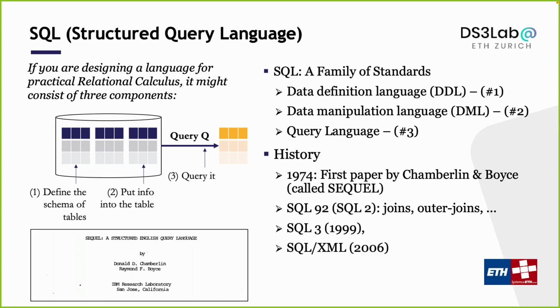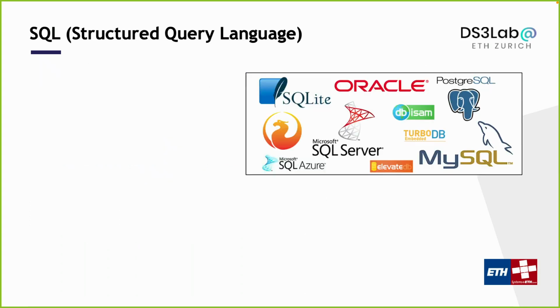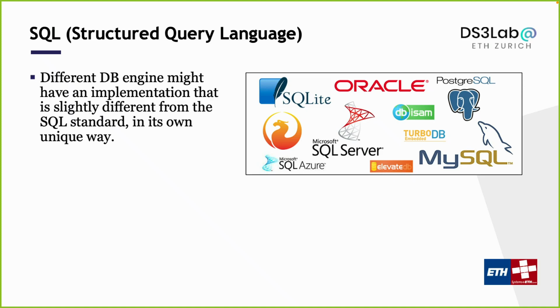In 2006, you have XML. In 2008, you have a whole bunch of things. In 2011, there's a whole bunch of SQL standards. Over the history, today there are a whole bunch of databases that implement part of the SQL standard. So that's the relationship between the system and the SQL standard.